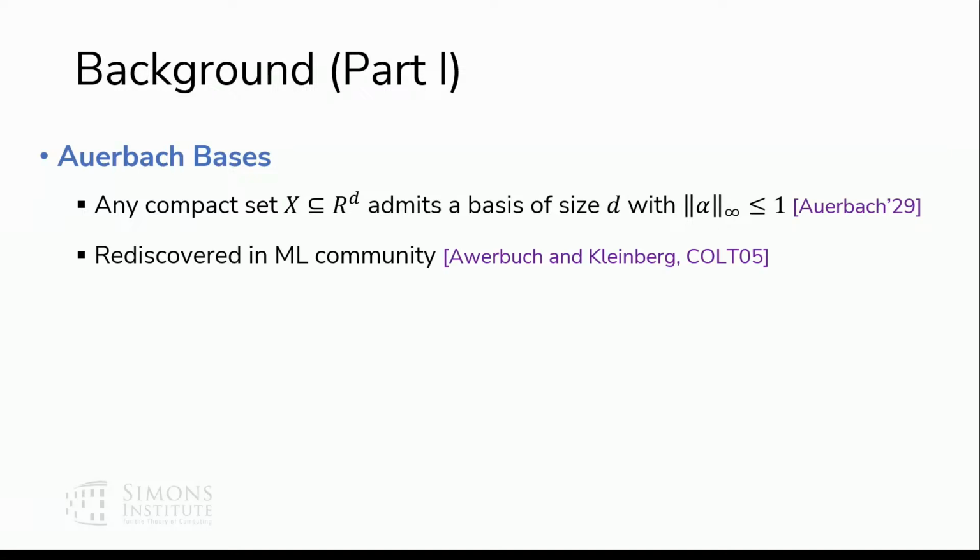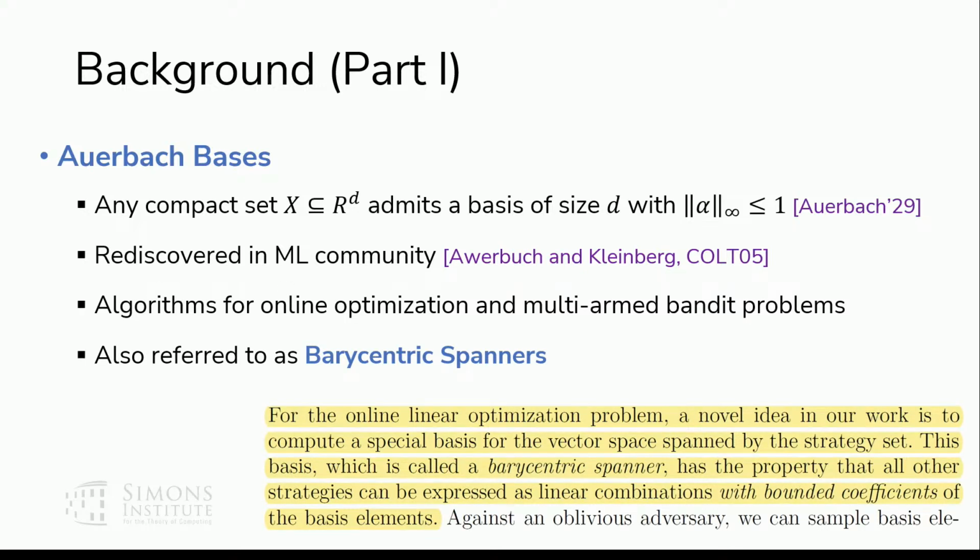Okay. And since it was a very useful concept, it was somewhat rediscovered in the learning theory community. They use it for linear optimization problems and multi-armed bandit problems, and they call it barycentric spanners. So this can be thought of as a volumetric spanner with L infinity norm.